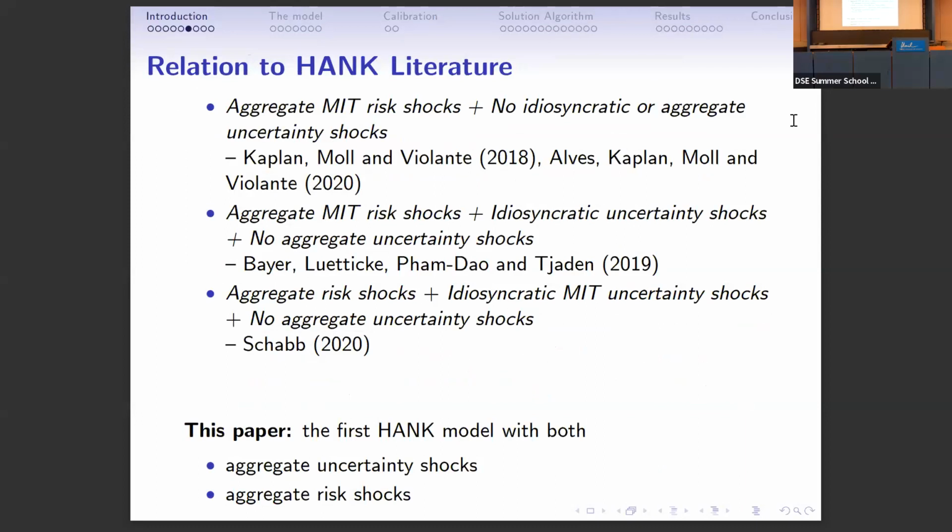Then if you look at the HANK literature, as it was introduced in the Kaplan, Moll, Violante paper, the common approach is to consider aggregate MIT shocks, right? So in this case, you solve the model without aggregate TFP shock, and then when you do simulations and draw impulse responses, you add those aggregate MIT shocks.